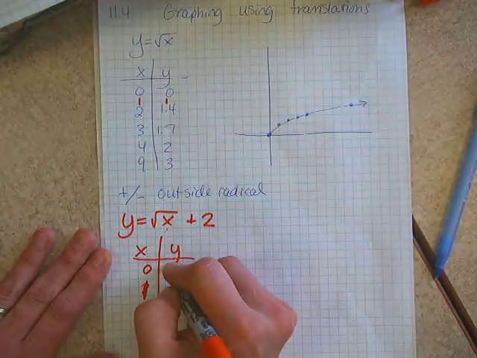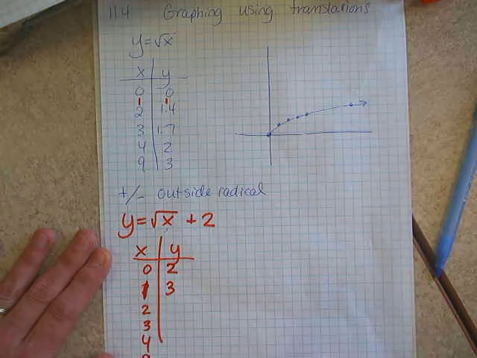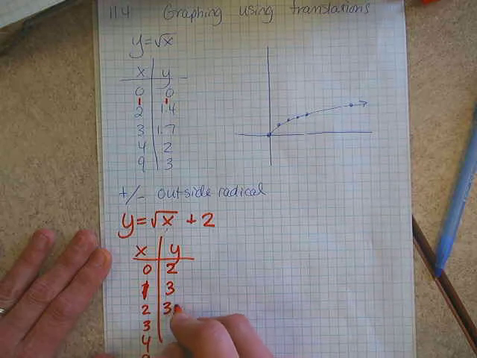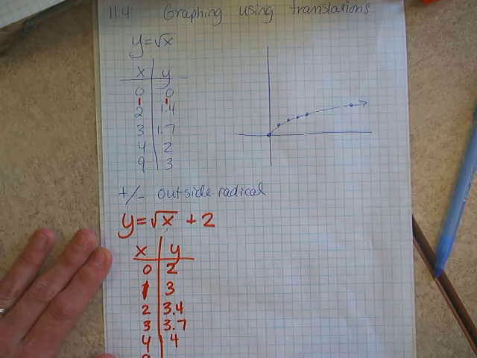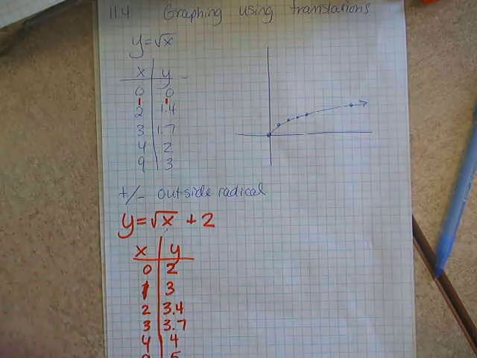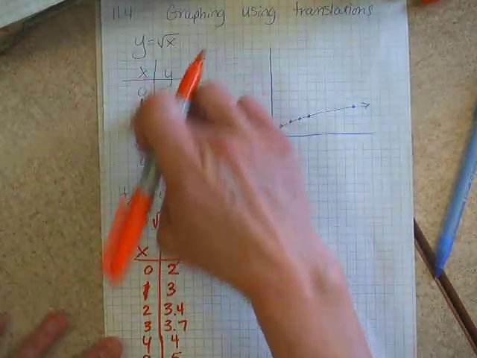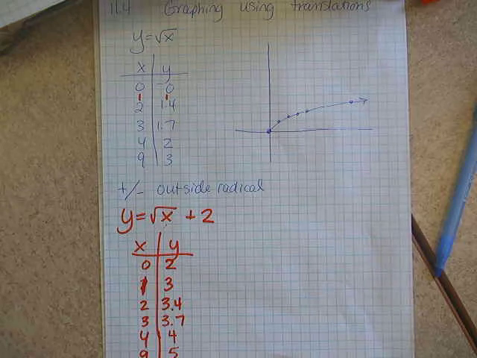So if we add 2 to all those square roots, we have 0, 2, 1, 3, 2 and 3.4, 3 and 3.7, 4, 4, and 9, 5. Okay. The square root of this number, which is this, plus 2.